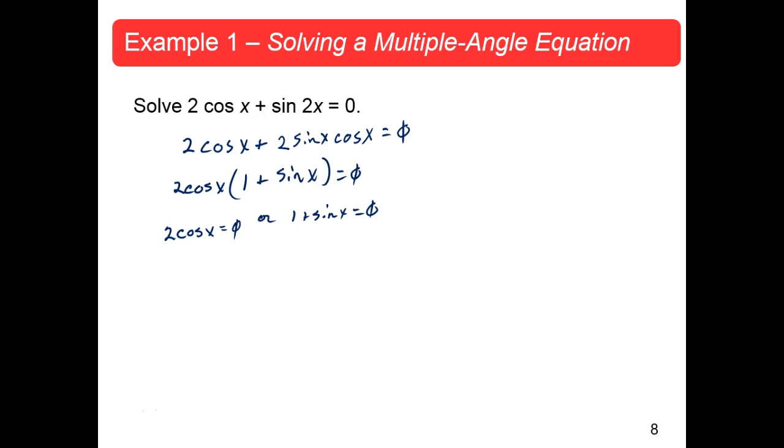Because this is an equation, we can divide away our 2, can't we? That becomes 1, and that stays 0. Oh, that's nicer. So cosine x equals 0.